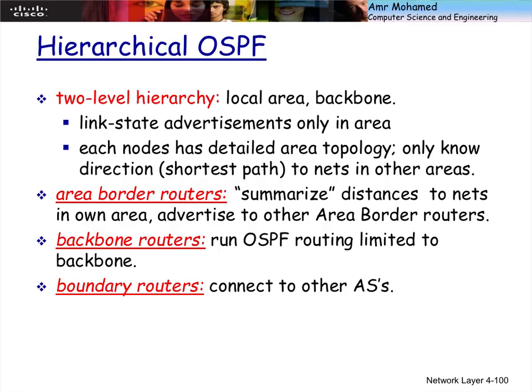So the backbone routers run OSPF routing limited to the backbone only. So the route advertisements or the link states within the backbone are confined within the backbone area. This is the link state advertisement.